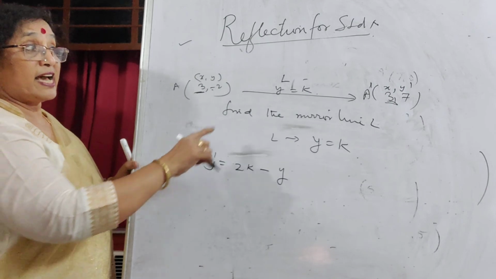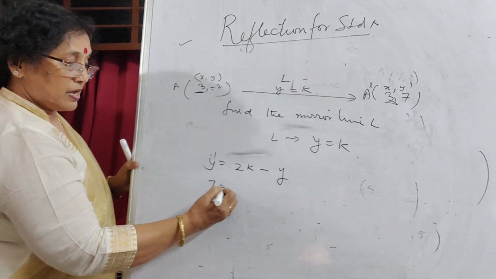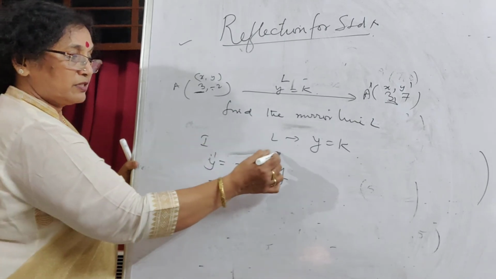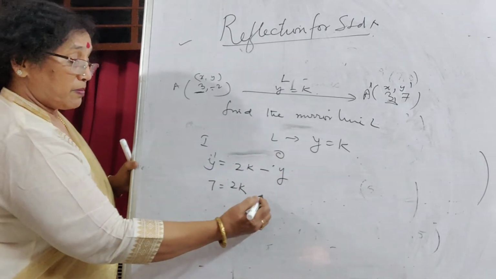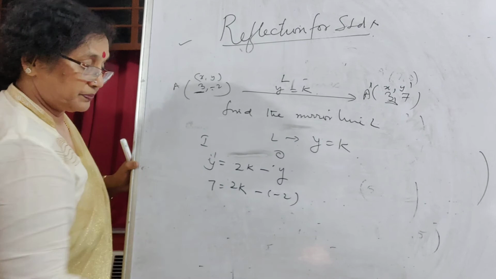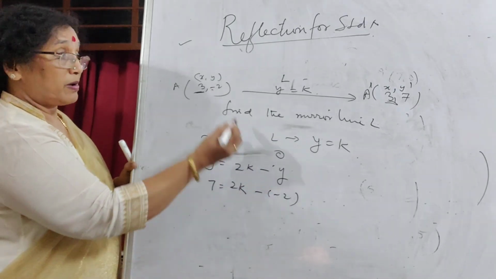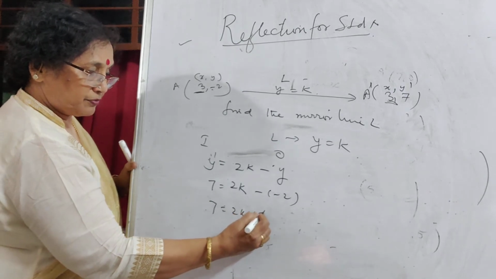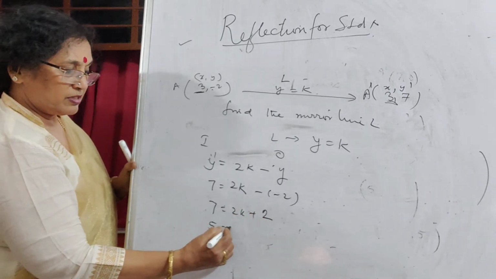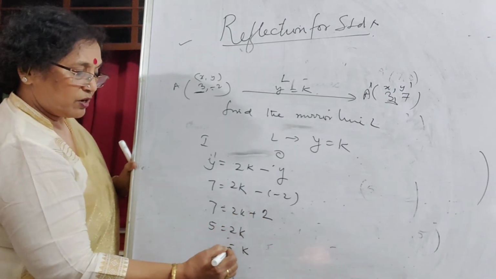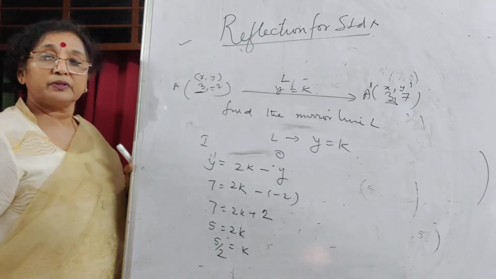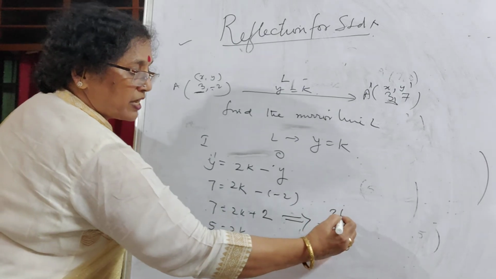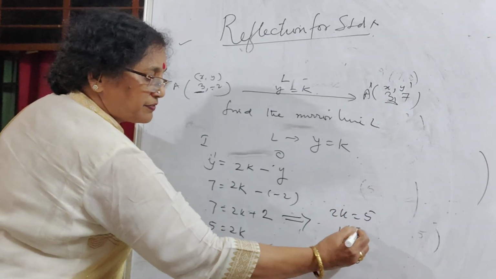Formula, y dash is 7. I have to find k. So I know y dash and y. This is the image, this is the object, and minus of minus 2. Don't write minus 2, minus of minus 2 it is. So 7 equals 2k plus 2. So 5 equals 2k. So k equals 5 by 2.